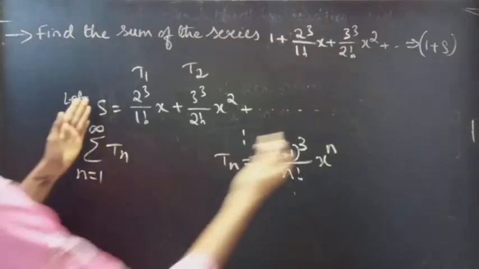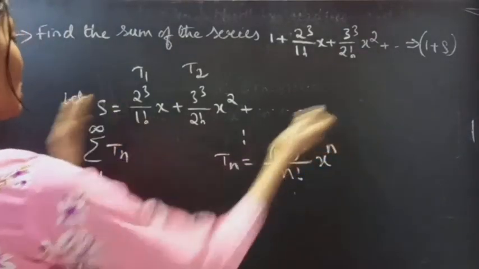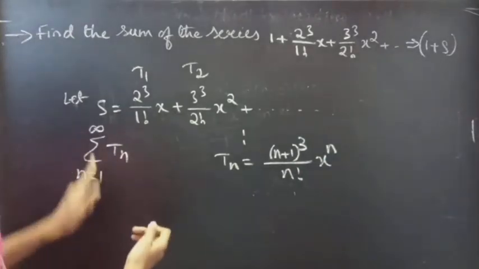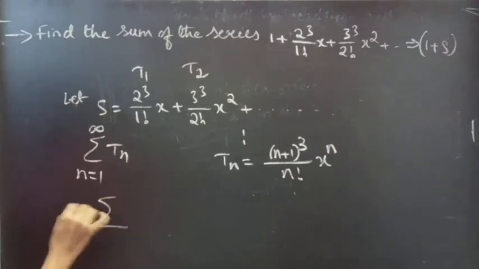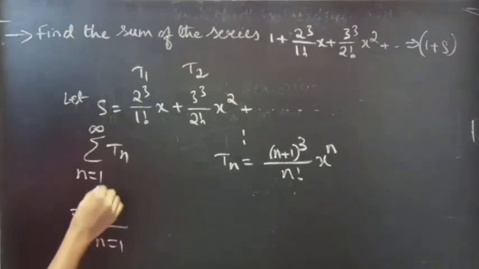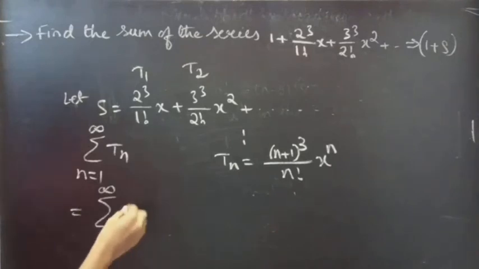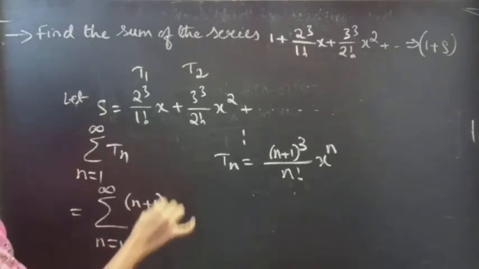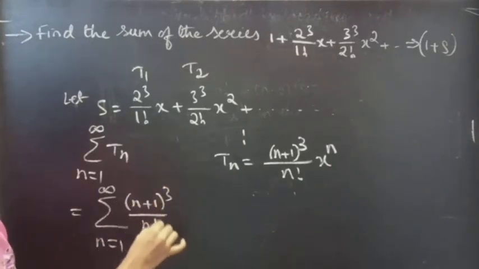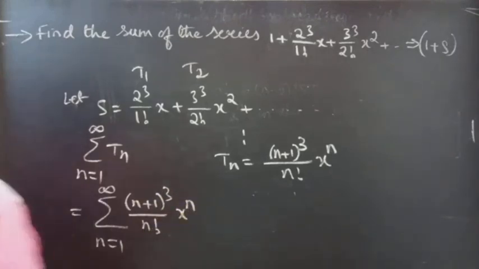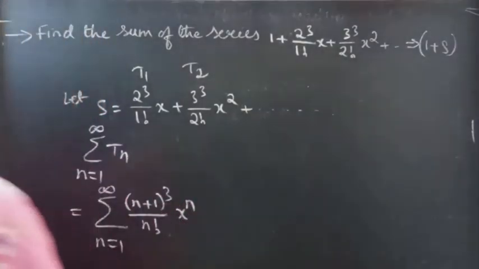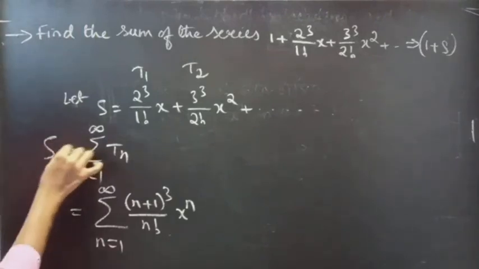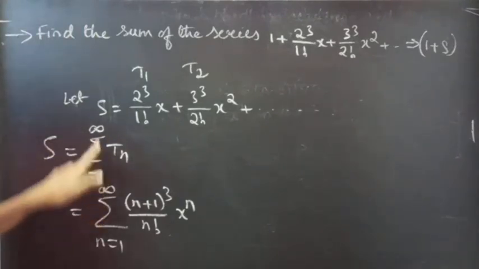We can write this total series as summation n equals 1 to infinity Tn, which equals summation n equals 1 to infinity n plus 1 whole cube by n factorial into x power n, right?